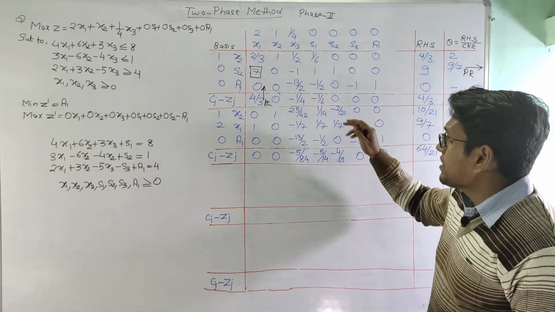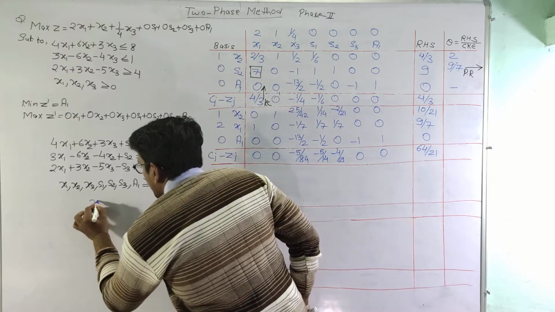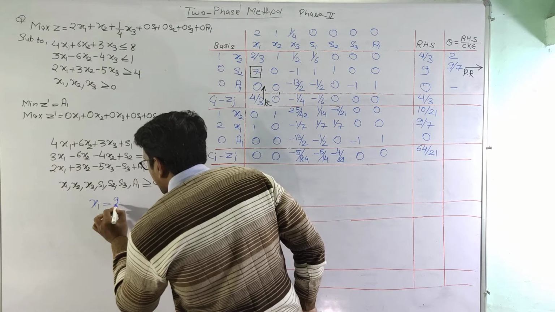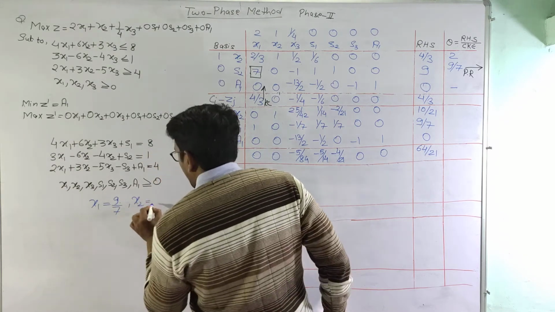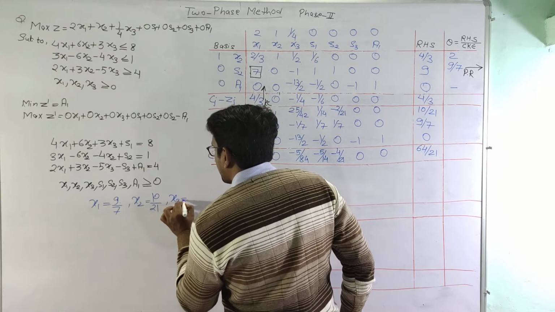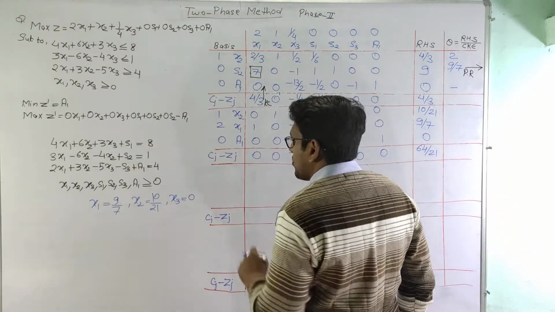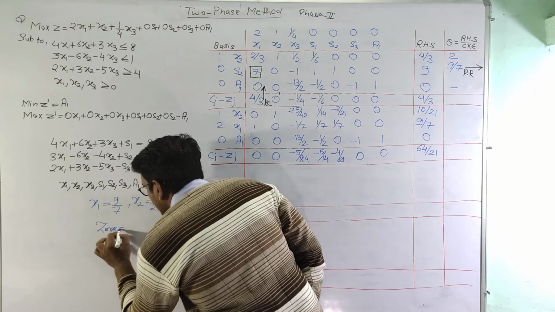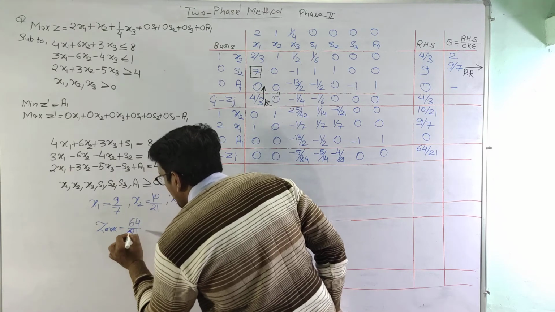So after attaining this solution, we can say that the value of x1 is 9 by 7, the value of x2 is 10 by 21, and the value of x3 is 0 because x3 does not appear in the final solution, and the value of z, that is z max, is 64 by 21.